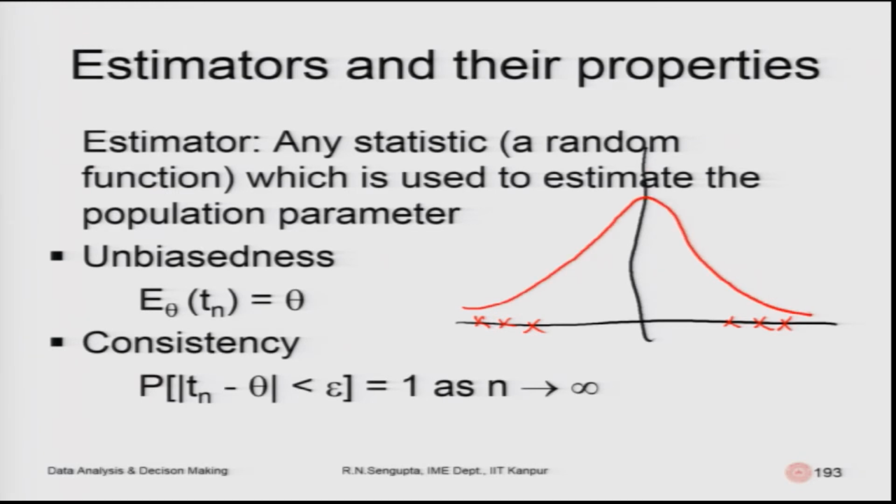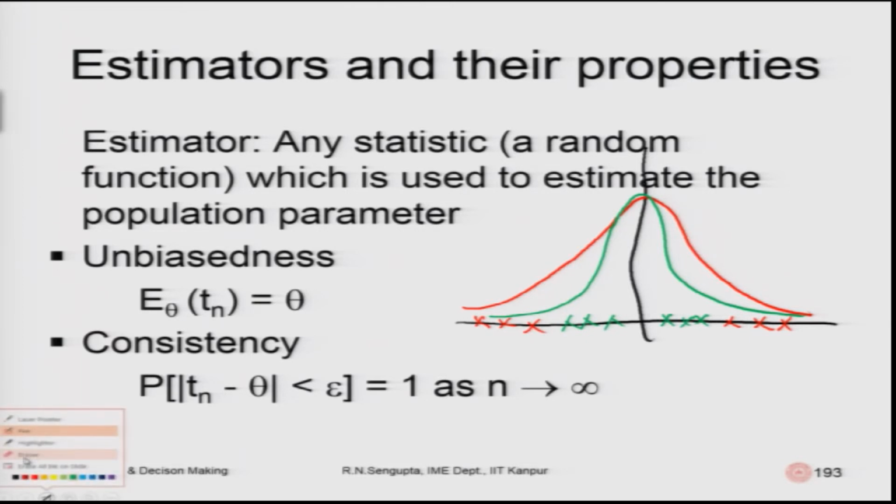The mean value is the central line, the variance is this, and the distribution looks like this. So, this is normal. Next, consider we pick up a second set of observations, again 6 in number, from a normal distribution, but now the color is green. Here also the mean value is the same. So, the expected value in both cases, for the red as well as for the green, is the same, which is this central line.